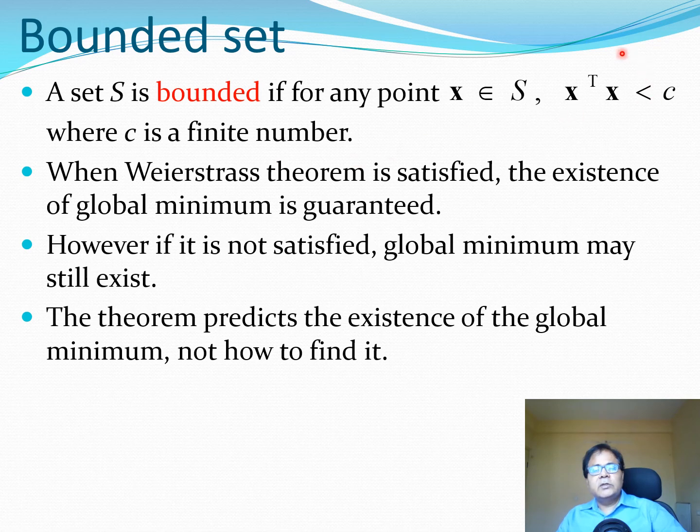So essentially this particular distance measure is bounded. Now, whenever the Weierstrass theorem is satisfied, the existence of a global minimum is guaranteed. But if it is not satisfied, there may still be a global minimum. So this theorem essentially predicts that there may be a global minimum, but it doesn't let you know how to find it.